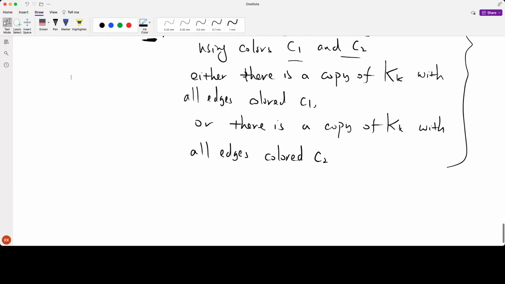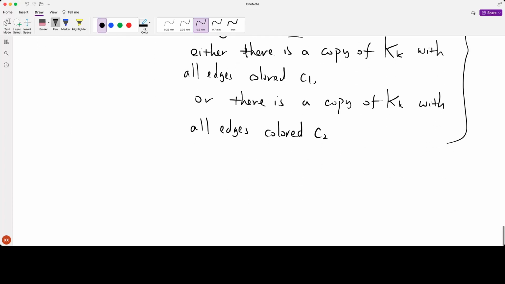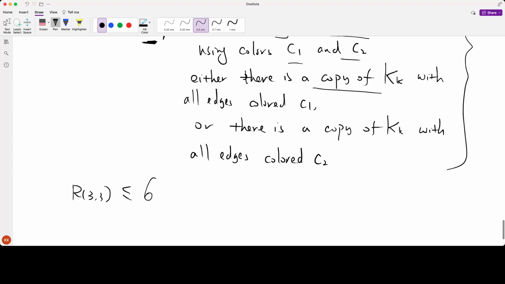What I proved in the previous example is exactly that R(3,3) is smaller or equal than 6. Because if I put 6 vertices, either there is a blue triangle or a red triangle. But this is only half of the proof.